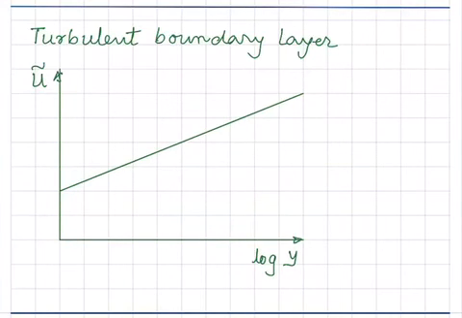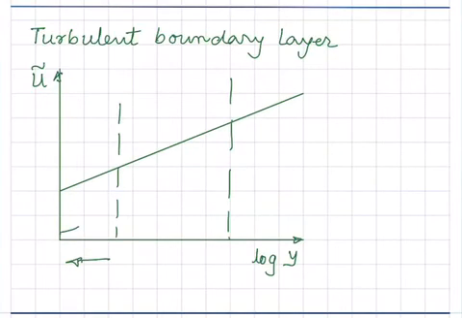So let me draw the three parts of a turbulent boundary layer. The one that is for very low values of y, which is very close to the wall. Remember, y never goes to 0 on this scale because it's a log scale. The u velocity is proportional to y.